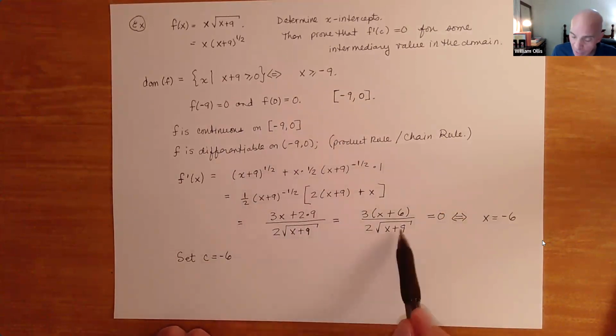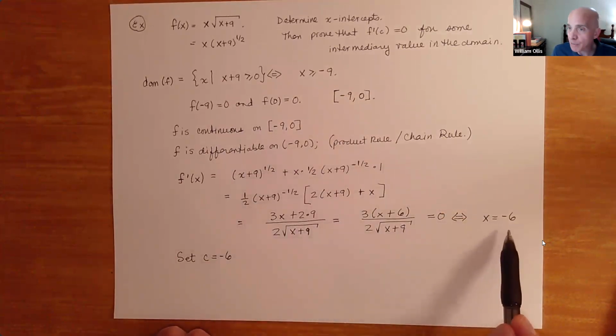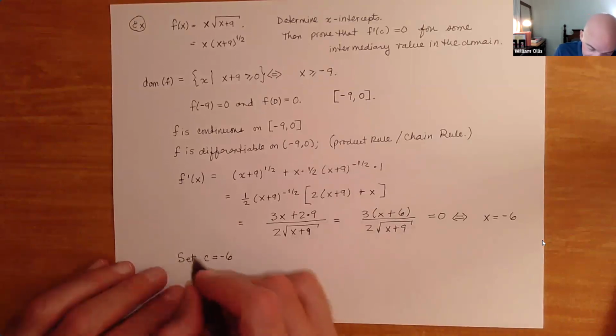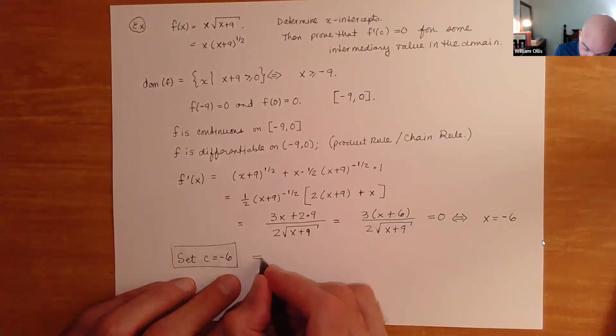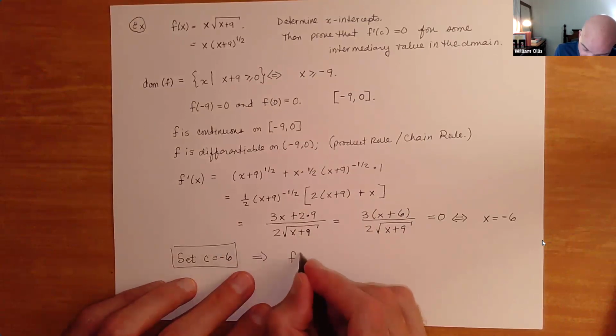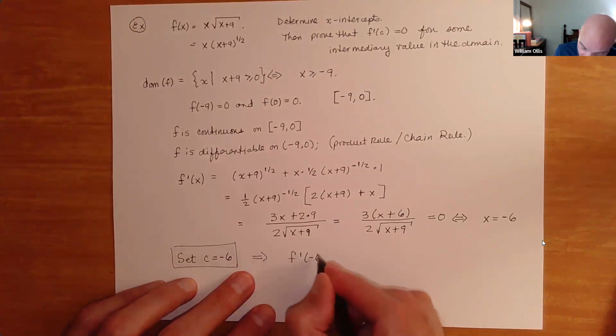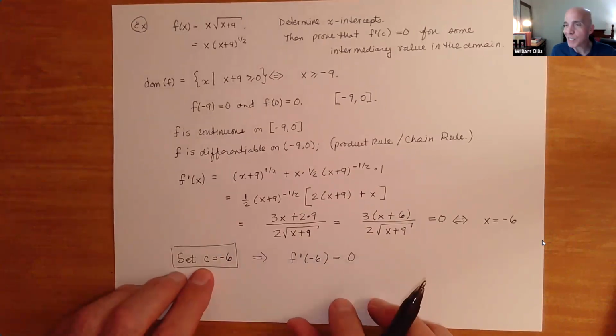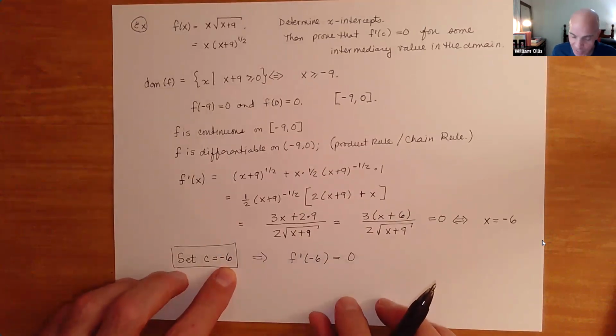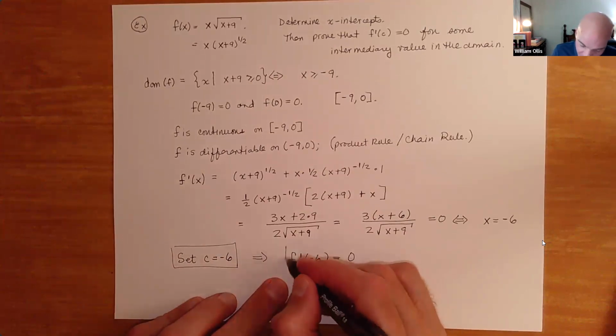And what's nice about this problem is that we can actually find the value. So if we set x equal to c, this implies that we have f prime of -6 equal to 0. So we set c equal to -6, and we have the existence of the horizontal tangent.